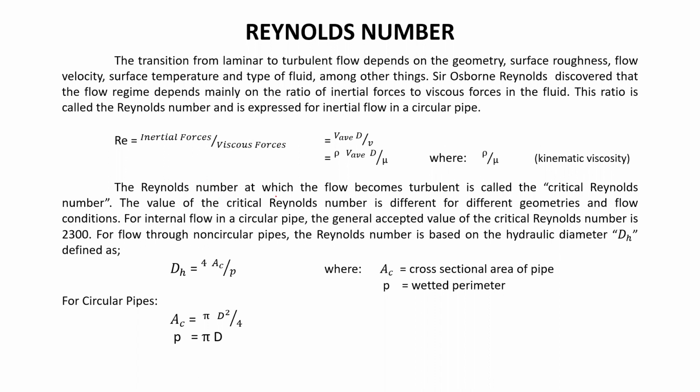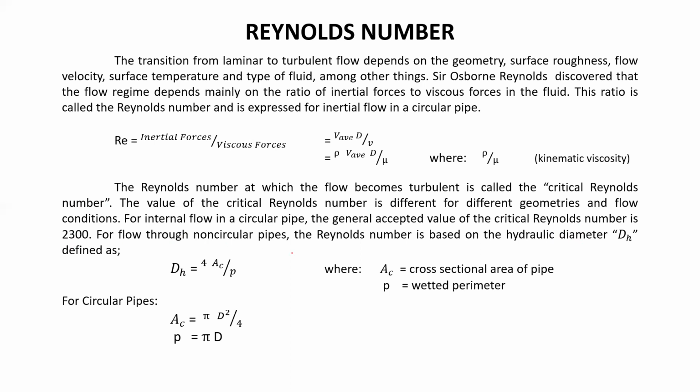The Reynolds number at which the flow becomes turbulent is called the critical Reynolds number. The value of the critical Reynolds number is different for different geometries and flow conditions. For internal flow in a circular pipe, the generally accepted value of the critical Reynolds number is 2,300.